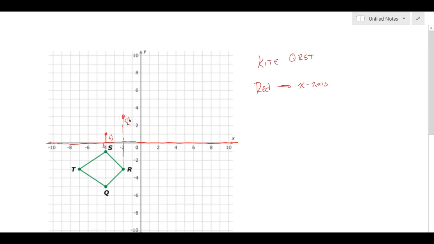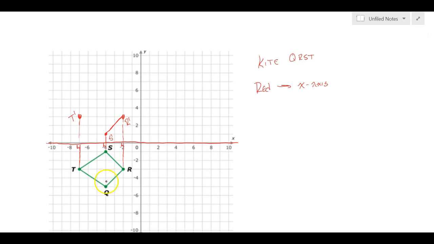And that creates R prime. We connect those lines. T, 3 away, 3 away. This is going to become T prime. And again, I'm verifying that all of these are creating right angles. So I know that I am moving the correct direction.